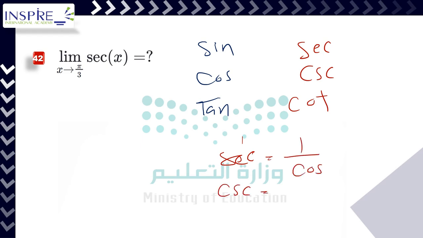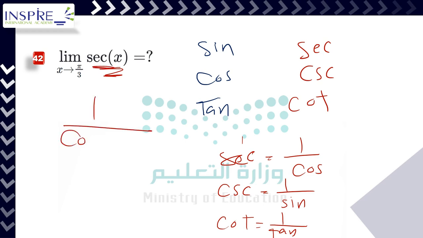Cosec is the reciprocal of sine. It means 1 over sine. And cotan is the reciprocal of tan. Okay, to get this one, I must get 1 over cosine because in our calculator we don't have sec or cosec or cotan. So we'll use sine or cosine or tan. This one I will calculate like this, 1 over cosine.